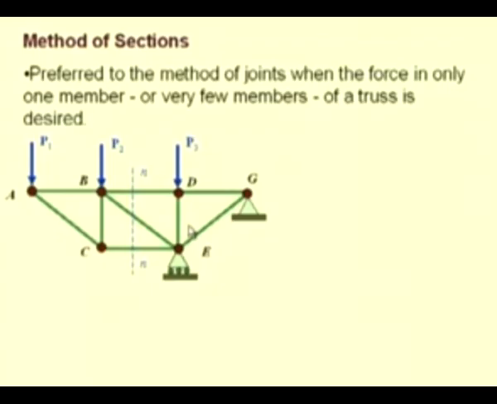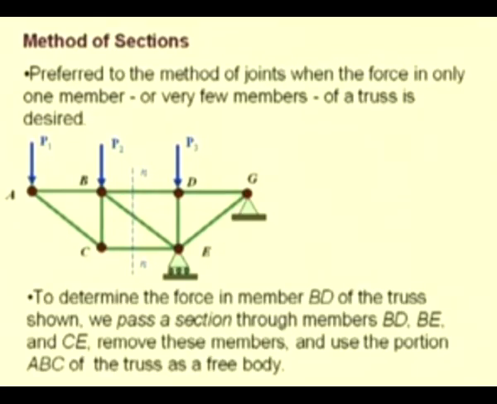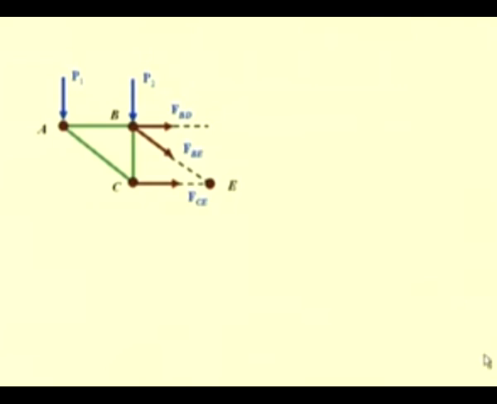But if we consider the free body diagram of this portion ABC, then we do not need to determine either the reactions at E or G. So, let us use the portion ABC to analyze this truss. This is the free body diagram of the portion ABC.